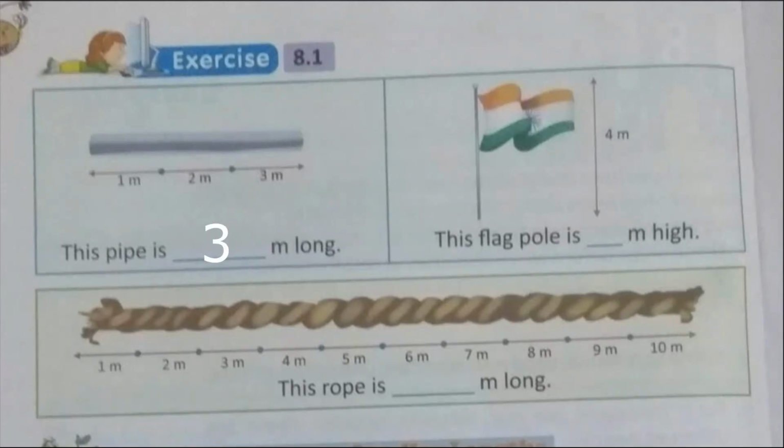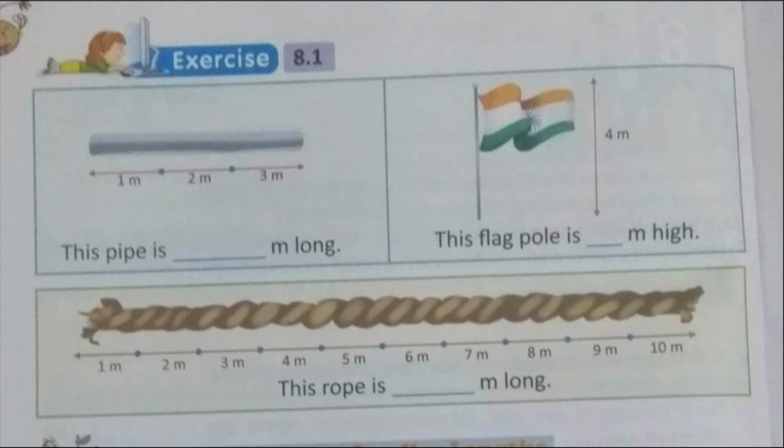Now we are going to measure the pole. We are given one flag. We have to measure the length of the pole. So come on, let's see how much it is given. It is 4 m, means it is 4 meters. Very good. Now we are given one rope. The rope is quite big, right?